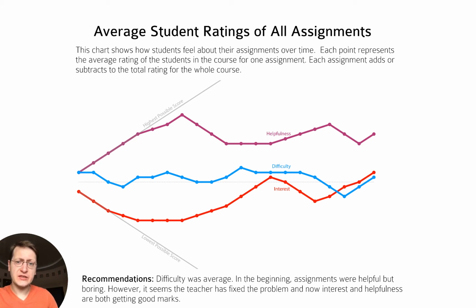Generally speaking, it'll be somewhat in the middle, with some assignments being highly rated and some being low rated. But here you can see the progression over time of the student sentiment regarding the assignments that they're getting. And of course, recommendations on what should be done about this.